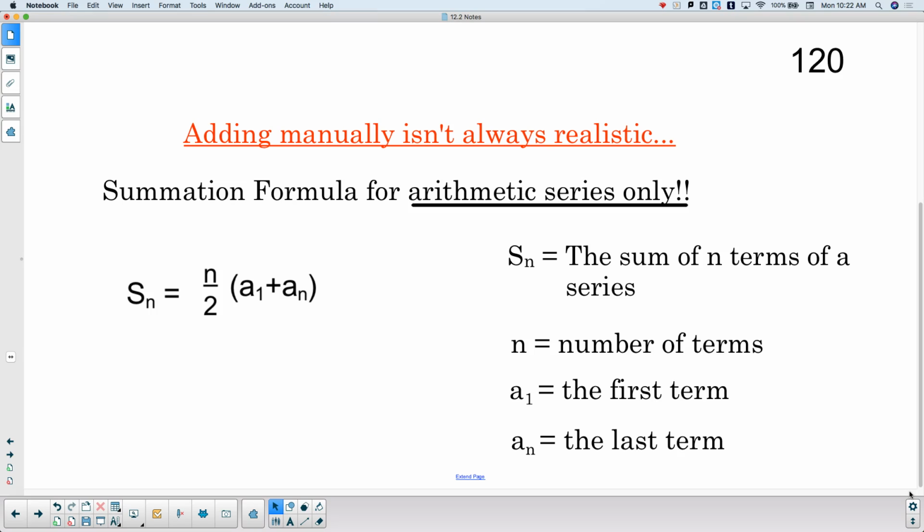And the last thing that you need is the very last term of the sequence. Okay? If you have those 3 things, you can find the sum. If you don't have those 3 things, you need to find the ones that you're missing in order to find the sum. Okay?